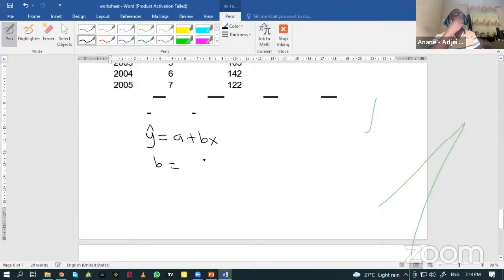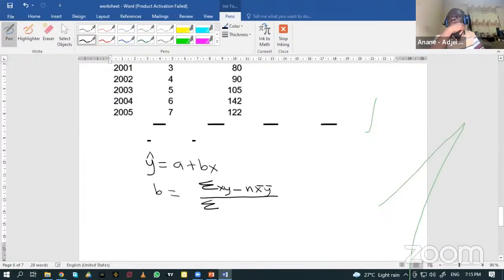And we said we can calculate b when we do the sum of X and Y minus N X bar Y bar, all over the sum of, let me check, let me be sure of the formula again.